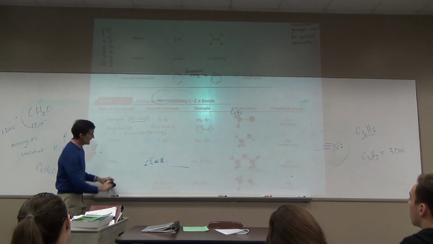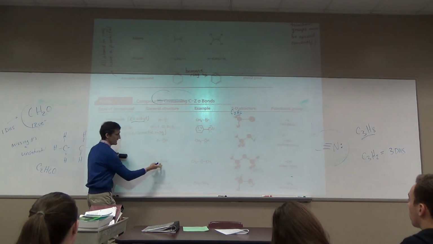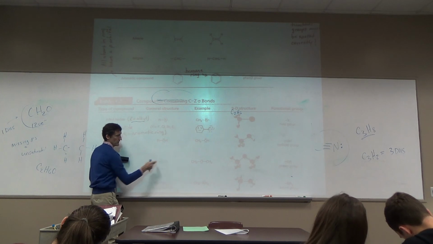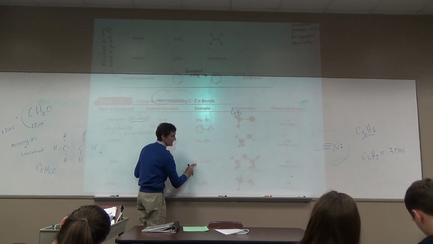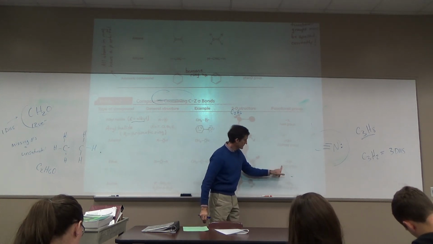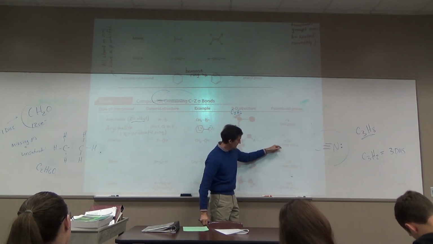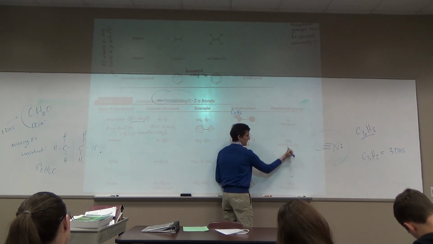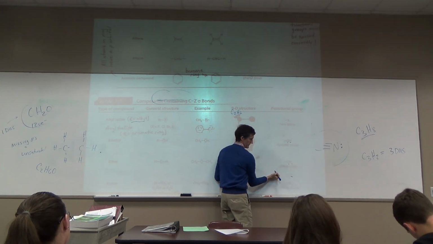An ether, as we said earlier, is where the oxygen is bonded to two R groups. Not one, but two. It's an ether. The OR is called the alkoxy group. This is hydrogen oxy. This is alkyl oxy. Hydroxy, alkoxy.